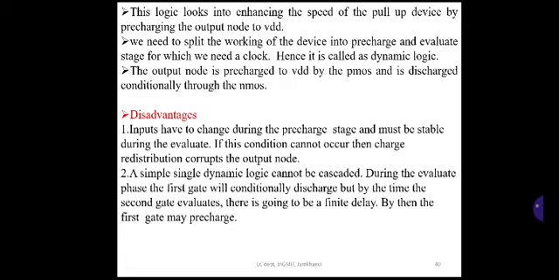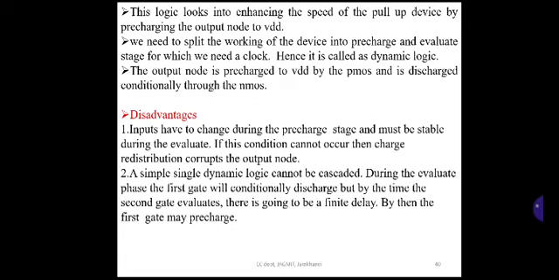So in this dynamic logic circuit, only a single stage can be used. You cannot cascade the same structure with the next level, or 2-stage or 3-stage dynamic CMOS logic. This is a limitation because a simple single dynamic logic cannot be cascaded.